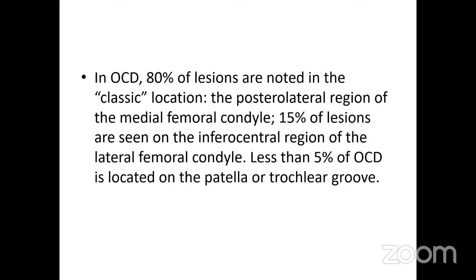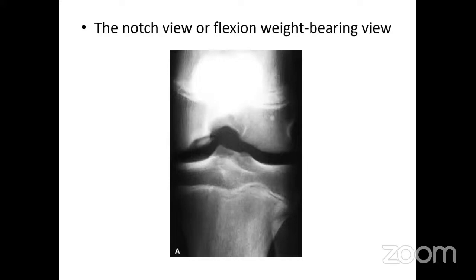So 80% of the lesions are classically in the medial femoral condyle, on the posterolateral region near the posterior cruciate ligament area, 15% will be seen in the lateral femoral condyle area near the ACL, and only 5 to 10% in the patella region.